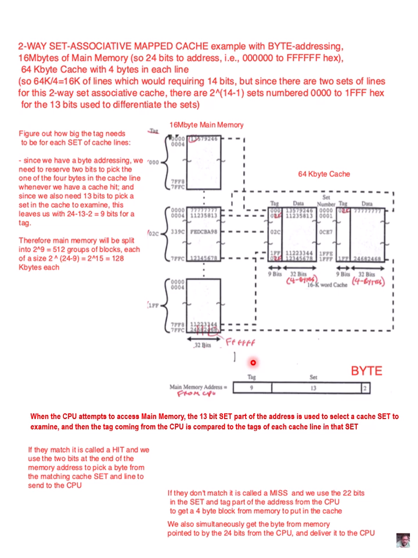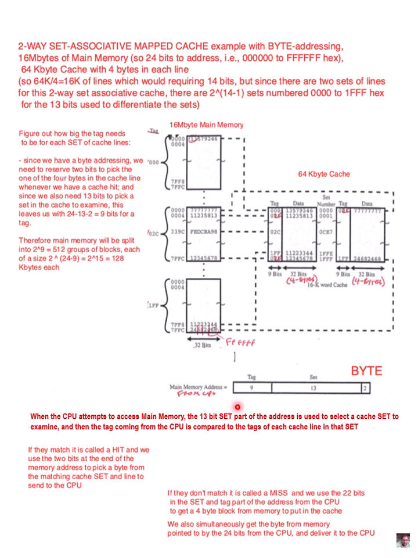So the tag is that amount, and that tells us how to parse up memory. And how the thing functions is when the CPU is trying to access main memory, and hopefully something's in this cache to make the access faster.